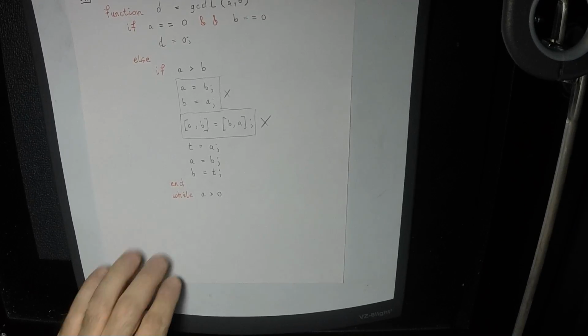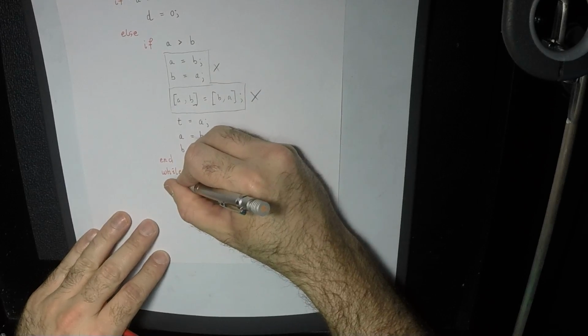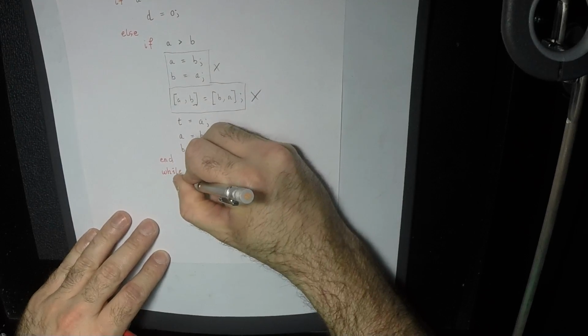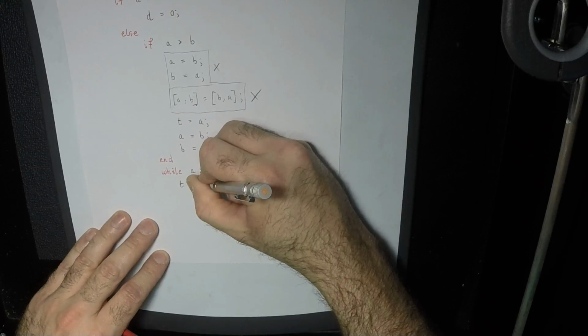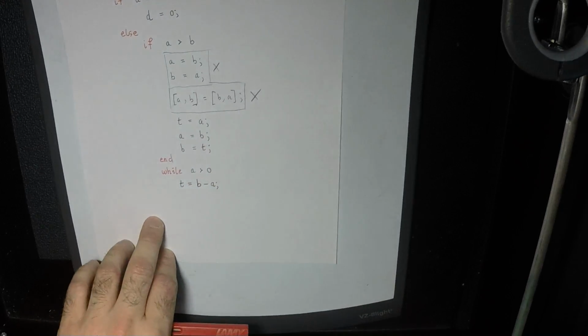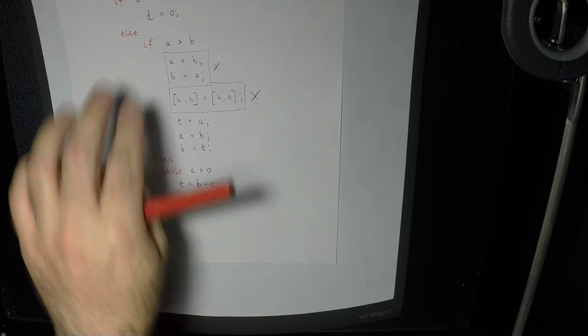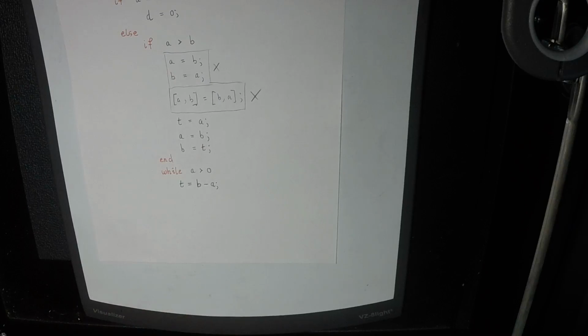Okay, so then I'll compute, say, T, which is the big one minus the small one. So I know that T, because of the conditions above, is greater than or equal to 0. It couldn't be negative.